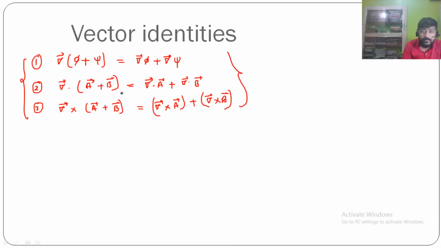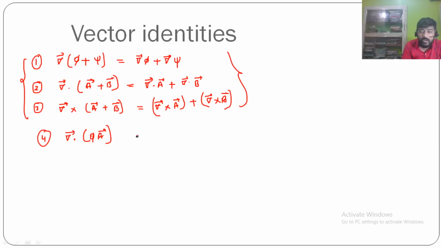But the next identity that I am going to discuss is most important. Suppose the divergence of phi a, where phi is a scalar and a is a vector. Scalar is just like a number, like 2a, 3a, although here it is a function of x, y, z, and a is a vector function.